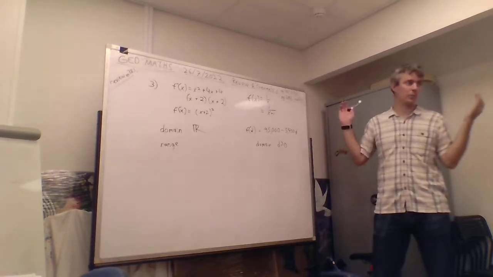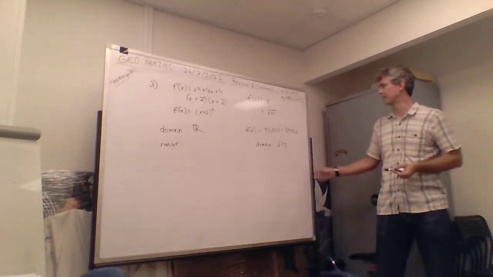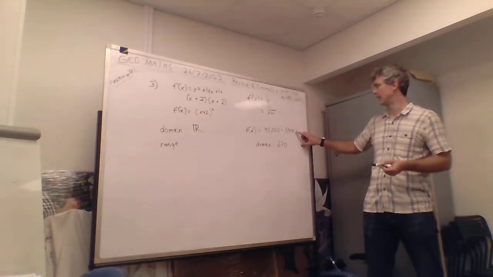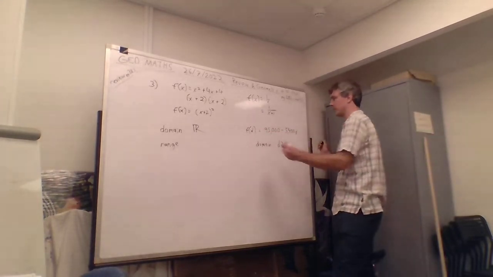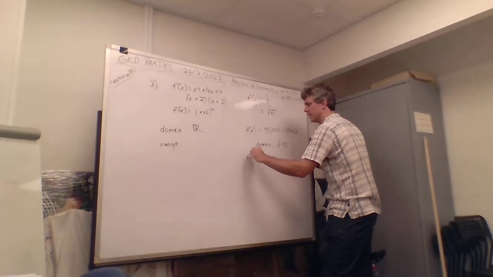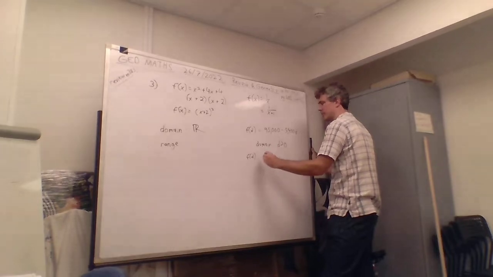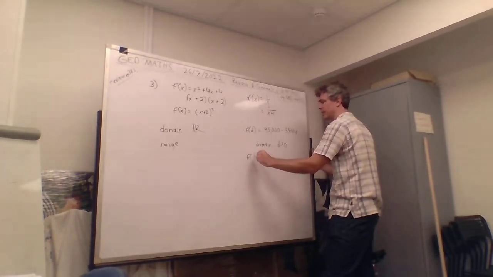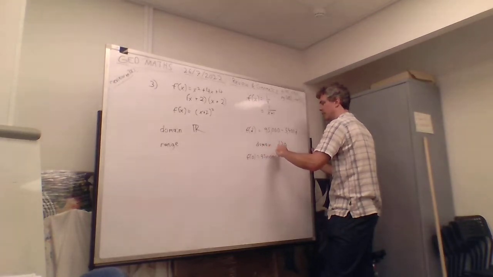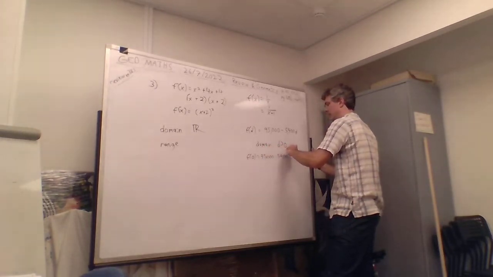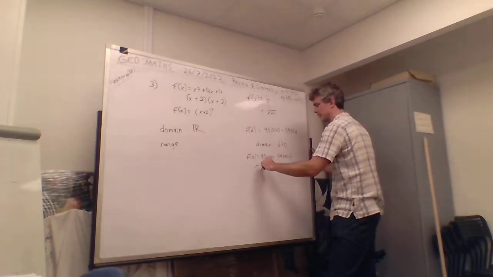Often the range is all numbers as well. But here, if d is 0, then you could figure out what numbers this can't be. So f of 0 is 95,000 minus 5,400 times 0, and that is basically 95,000.